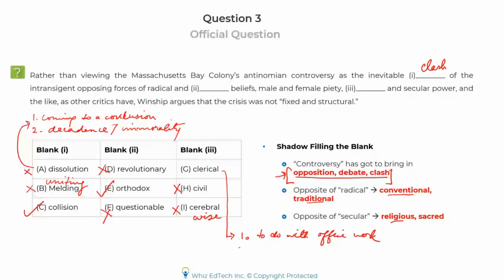But clerical also means to do with the church, or the clergy, priest. So clerical would mean priestly as well, and that's the closest we get to religious. And therefore G is the correct answer.